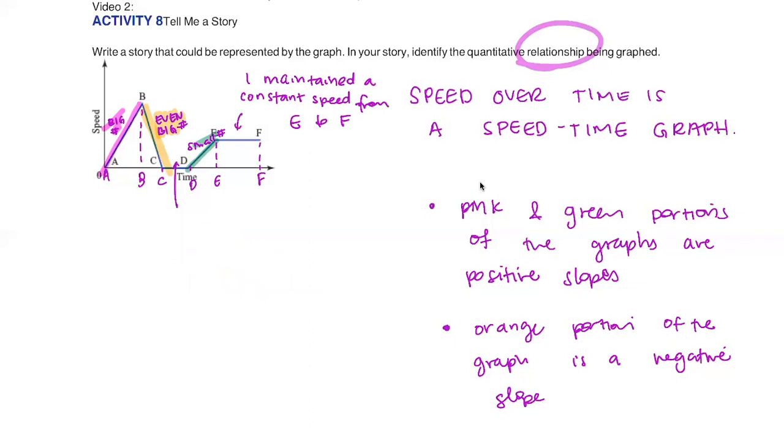I did not move at all from C to D. Now we're talking about speed here. I have a positive slope or I have a negative slope going on remaining. For the space from D to E, I'll put a star here and write it down here, the star.